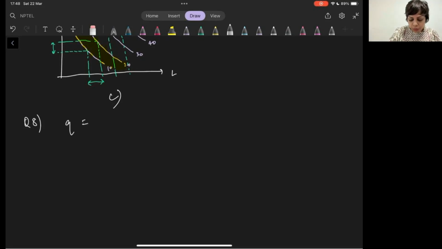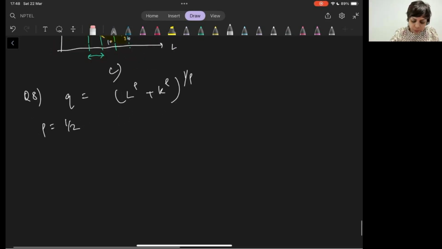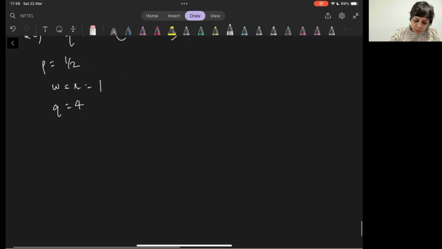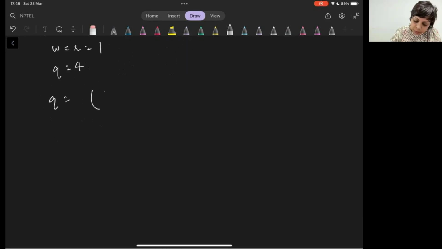So Q is equal to L to the power of rho plus K to the power of rho, whole to the power of 1 by rho, and rho is equal to half or 0.5. W is equal to R is equal to 1. Q is equal to 4. So let's write the expression again. This is basically root L plus root K, whole square. This is your expression.